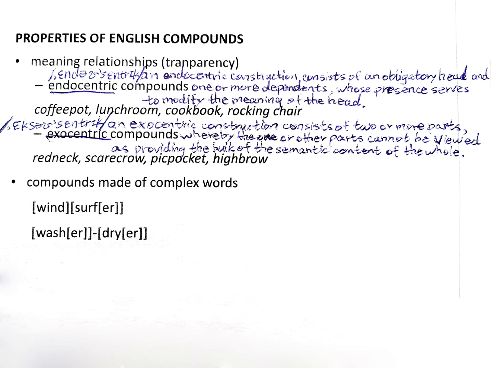So there's not a precise or 100% sure definition of how a compound word should be constructed. But the basic rule is that most of them are constructed from two free morphemes.